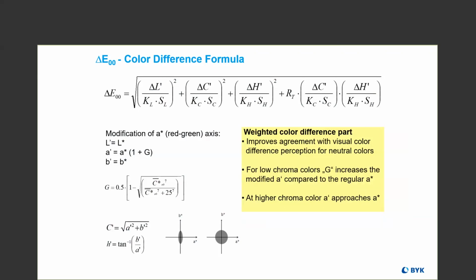So you can see in this G equation, you have the chroma value. So the A value is directly related to how much chroma or how high the A value is. But for very large values of chroma, or very large A values, this equation is going to be equal to 1. So this modification of the A value is only applied to very low chroma colors, and as you get to larger chroma colors, that modification goes away.